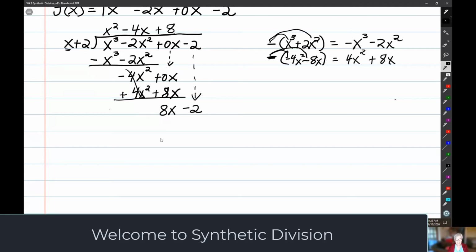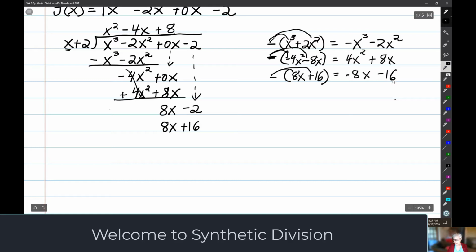8 times x is 8x. 8 times plus 2 is plus 16. But I'm going to subtract 8x plus 16, which means I distribute the minus sign, which will give me negative 8x minus 16. So something my old algebra teacher taught me to do was this.